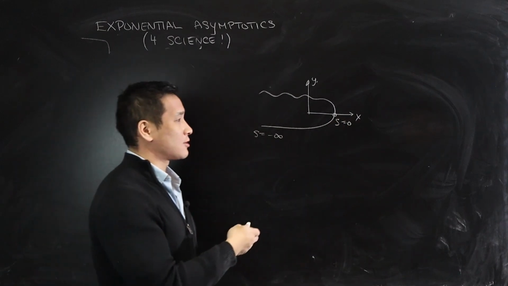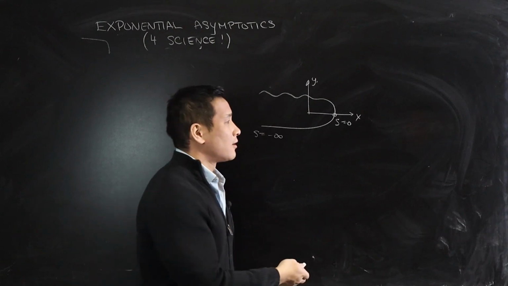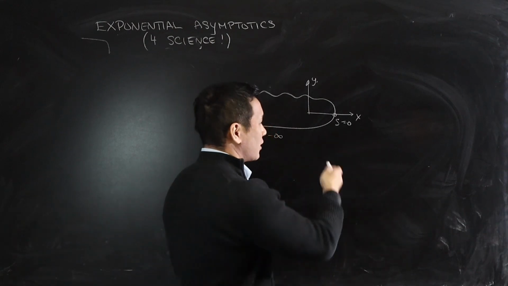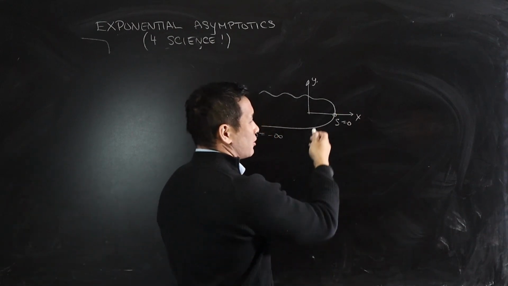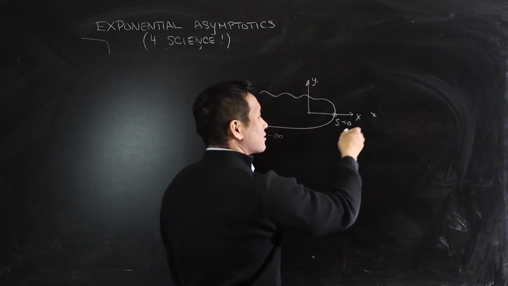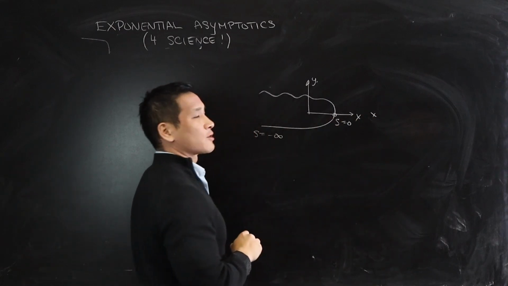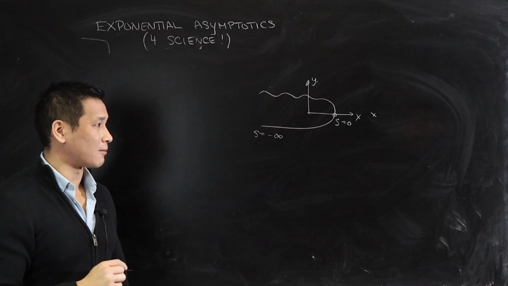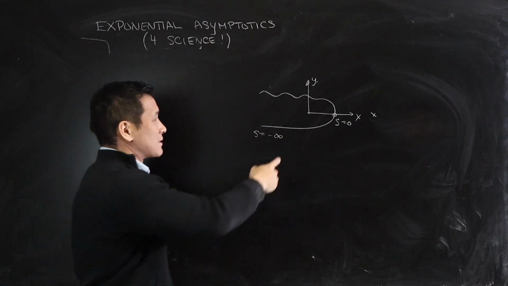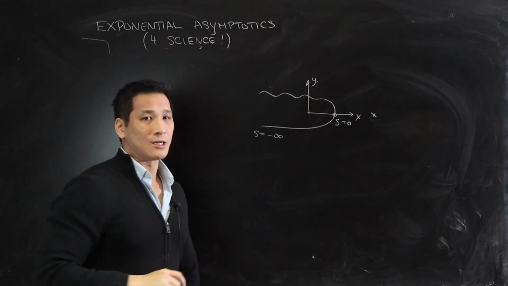This switching on is happening somewhere in the complex plane, so you can't really plot it, but you can think of it as a singularity which is associated with the nose of the crystal, if I think of it in the complex plane. And across this point, I'm going to switch on this oscillation.